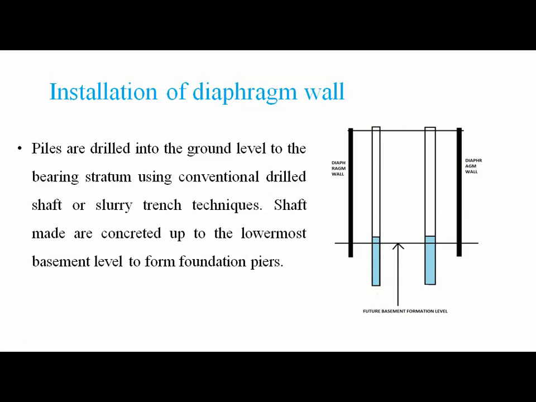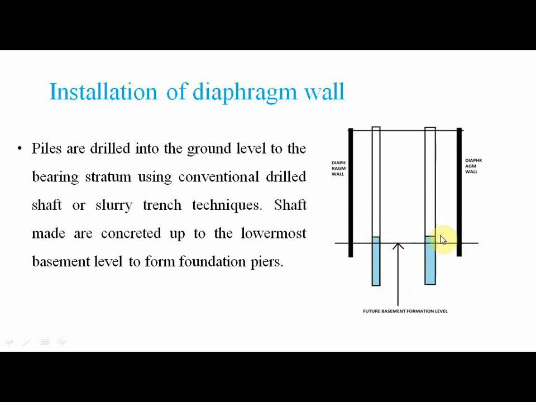So piles are first drilled into the ground to the bearing stratum using the conventional drilled shaft or slurry trench technique. The shafts made are concreted up to the lowermost basement level to form the foundation piers. So as I have told, your foundation will be from here.